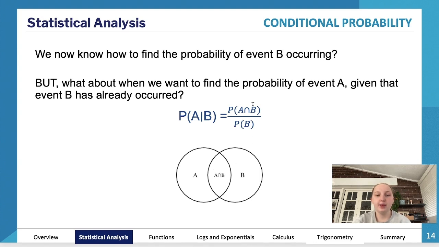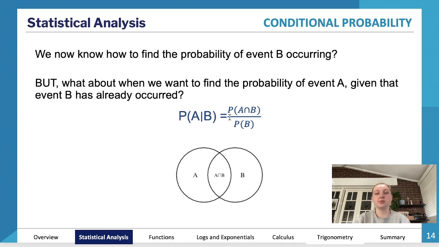So like I was saying before, this A and B is represented by our intersection. We've got the probability of B and then the probability of A as well on either side of our circle. Okay, so that's all you really need to know for conditional probability, is how to use this.